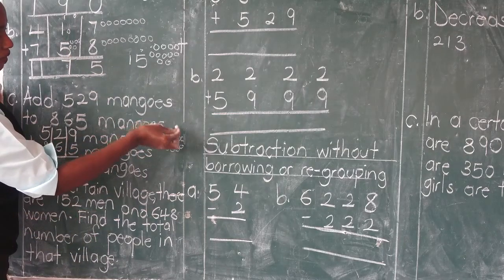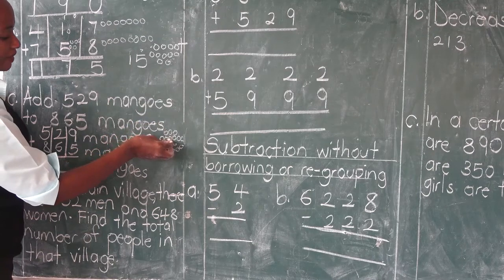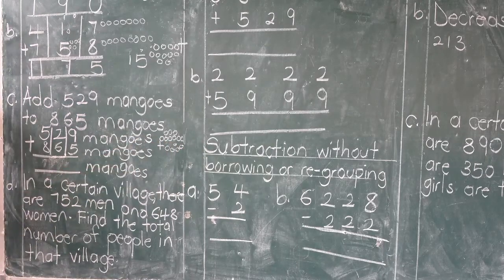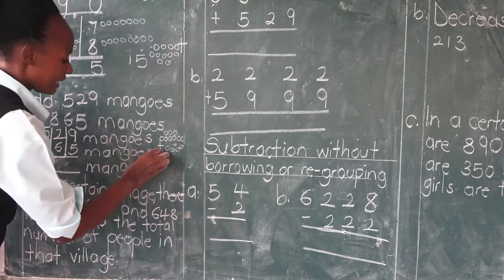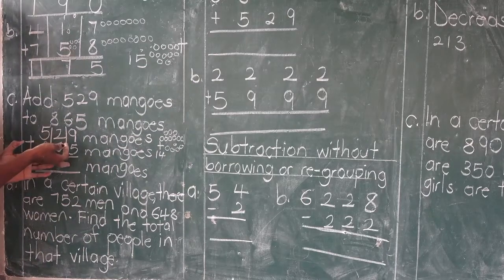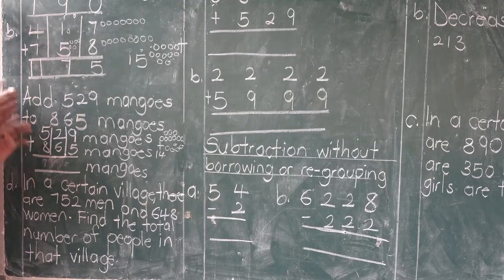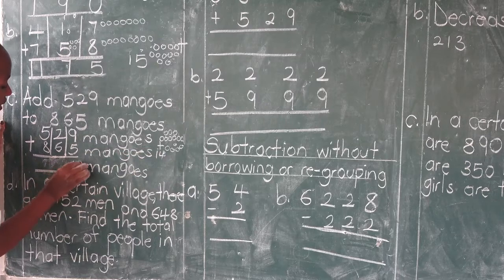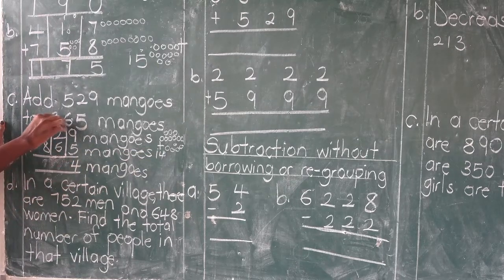We've got 14, right? But we don't need the whole of 14 here. We need to write one digit, then we carry 1. Now we shall write 4, which is the one under 1s, then we carry 1 to the next place value.